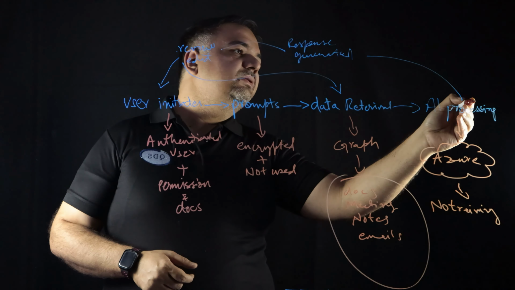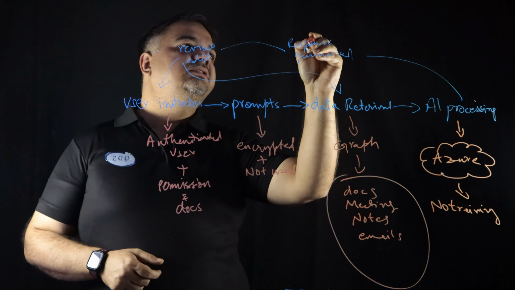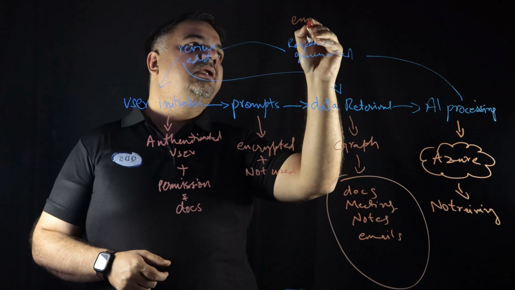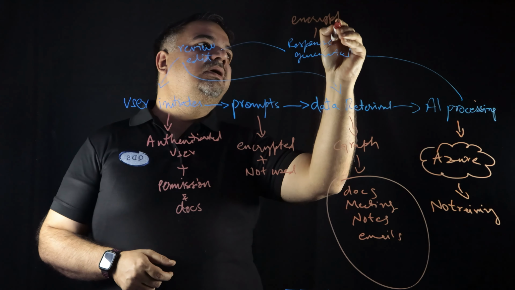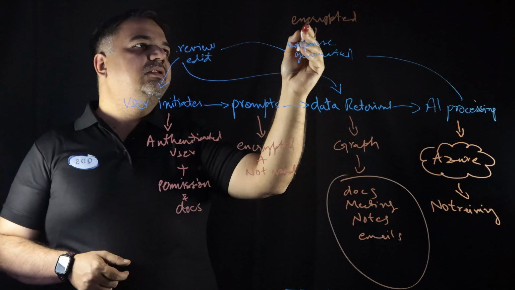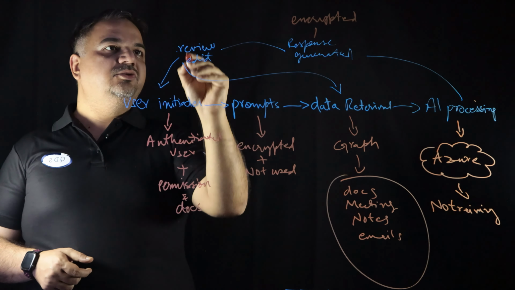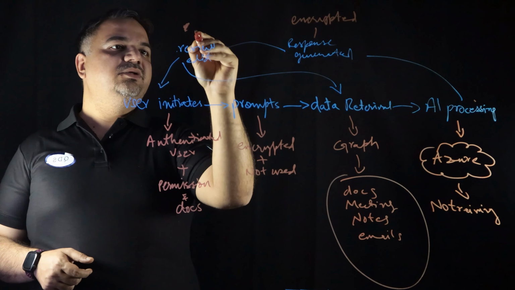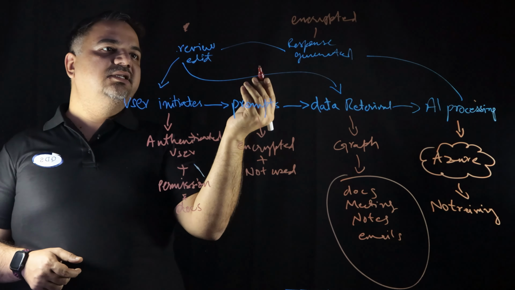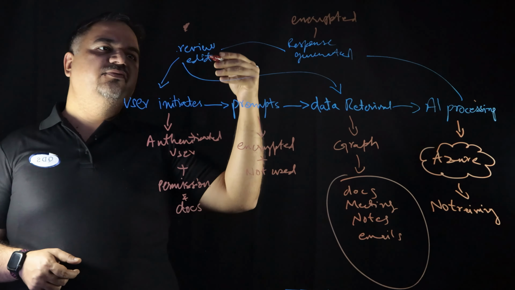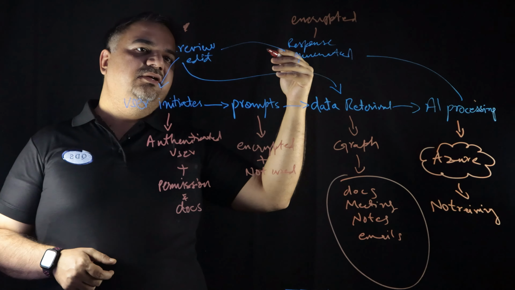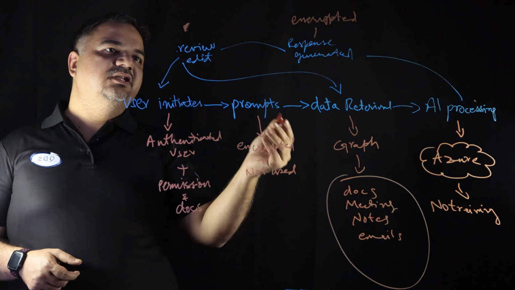Once the AI processing is done, a response is generated, which is again encrypted. Then it's given to the user to review. Once the review is done, it is used as the final version of a summary, a document, or a slide deck that you've generated.